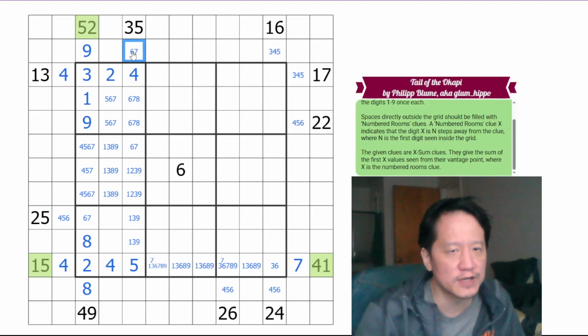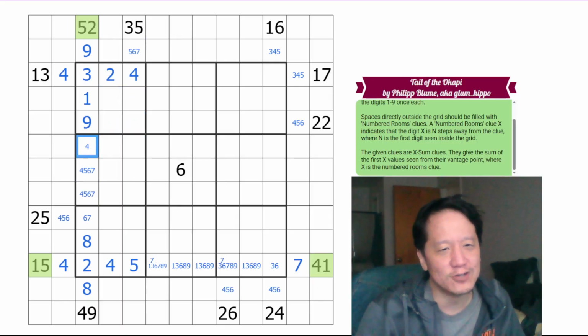But then we'd have an extra 6. So this does seem to work. What about if we look at this? So this is looking like a path where it's going to work.